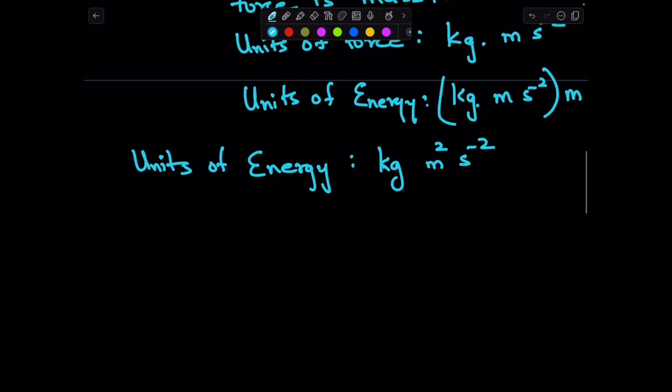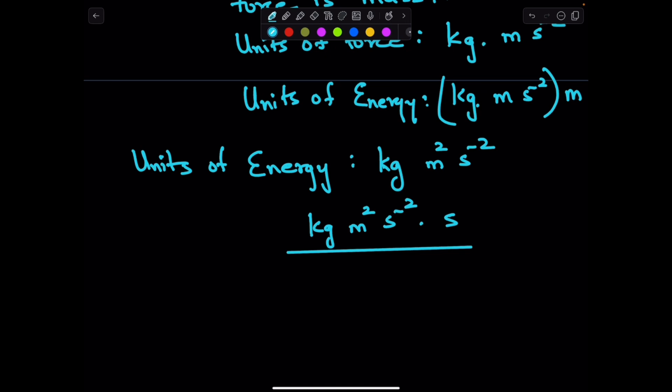Plugging this in, lambda equals h over mv, we get units of h is joules second, so that is kilogram meter squared per second square times second, over mass, which is kilograms times meters per second. This is for h over mv.